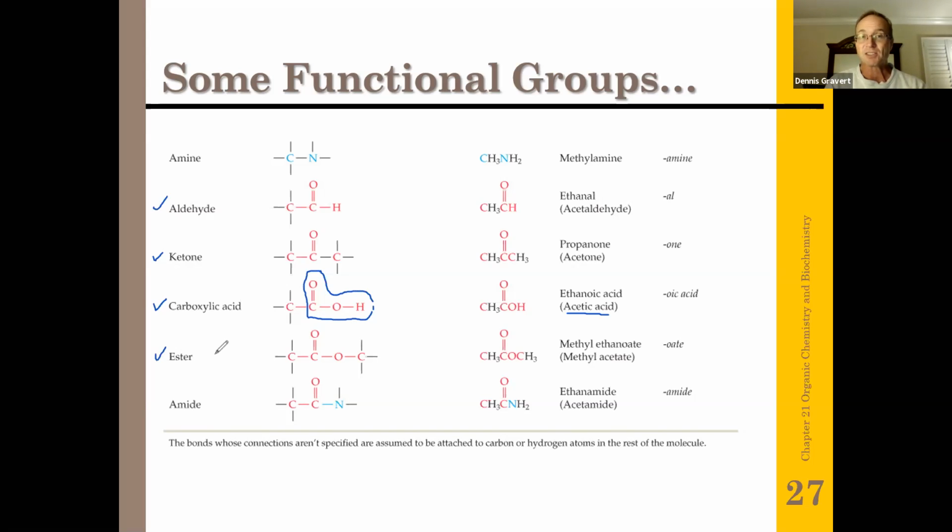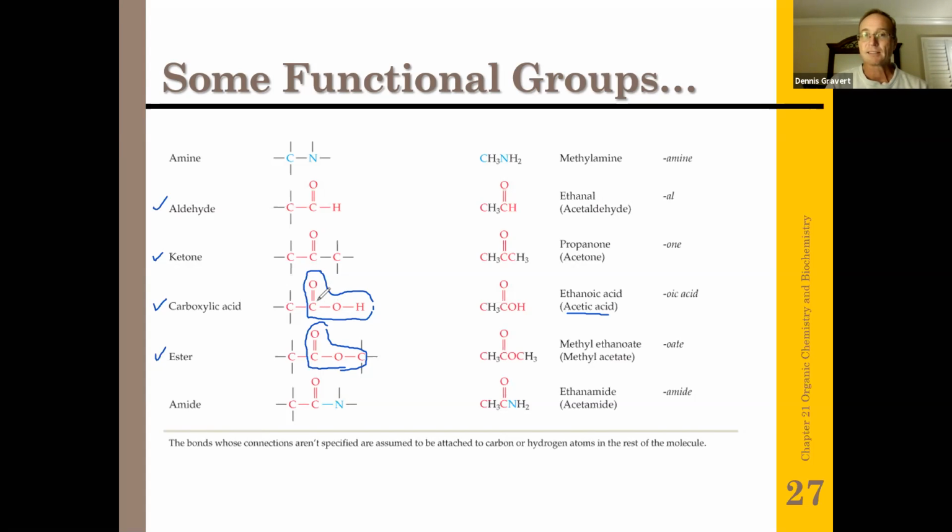And then there's esters that are found in fatty acids, a lot of fragrances, natural scents. Now this one has a little bit of ambiguity. Sometimes students say it looks like it only has 3 atoms in the functional group, but it really has 4. You have to kind of include this carbon, because if it was a hydrogen, it's not an ester. It's a carboxylic acid if it has a hydrogen.